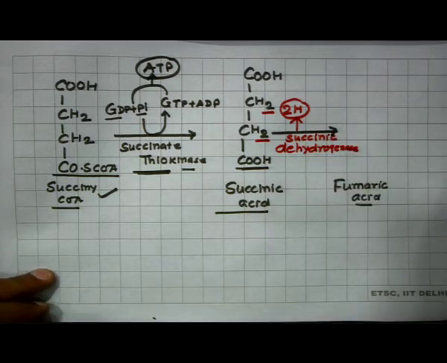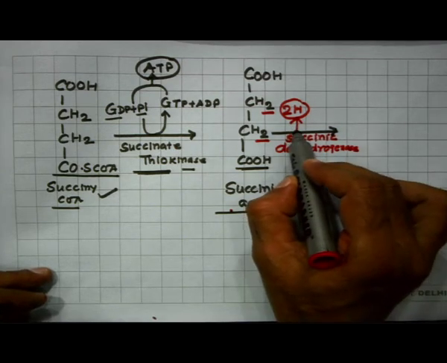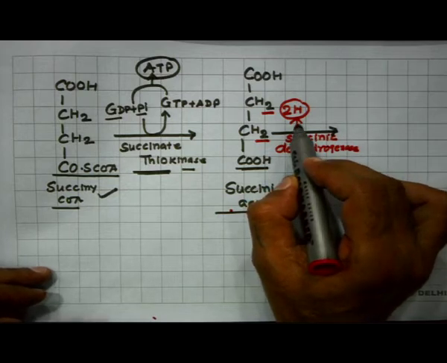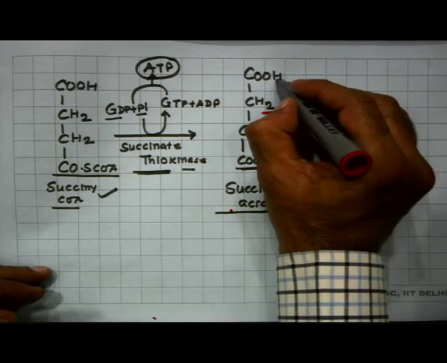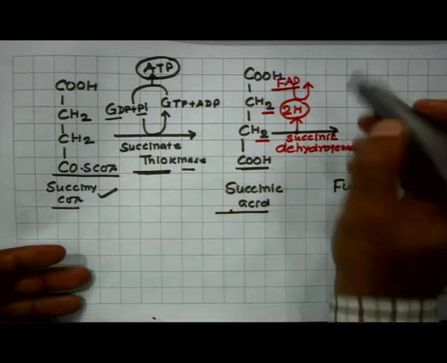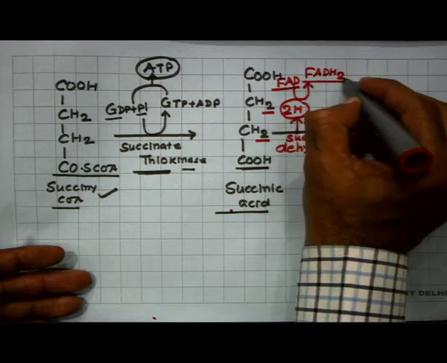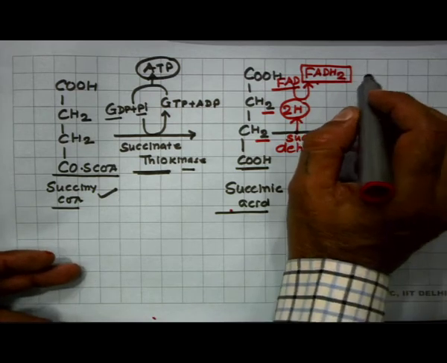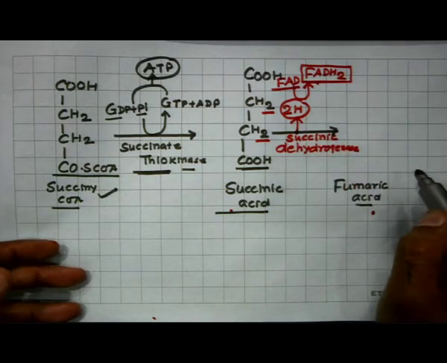Here one thing is very important: from the succinic acid to the fumaric acid, this hydrogen is released, but it is not accepted by NAD. It is accepted by FAD, flavin adenine dinucleotide, and converted into FADH2, which undergoes terminal oxidation or the electron transport chain, and after the reoxidation of this FADH2, it gives 2 ATP, which we will see later on.